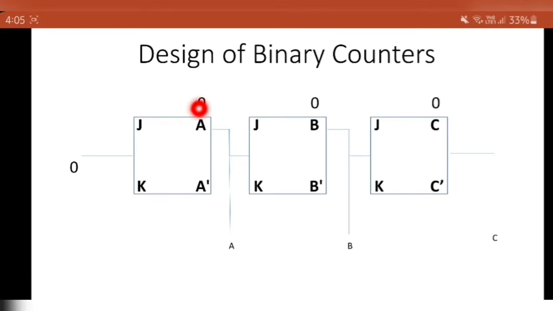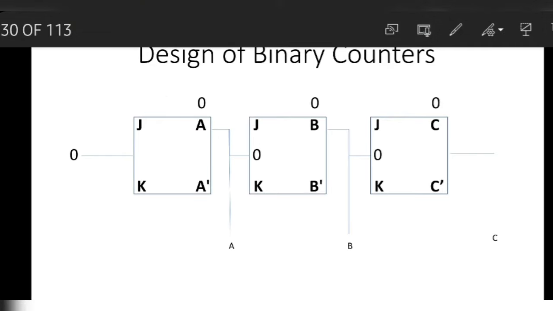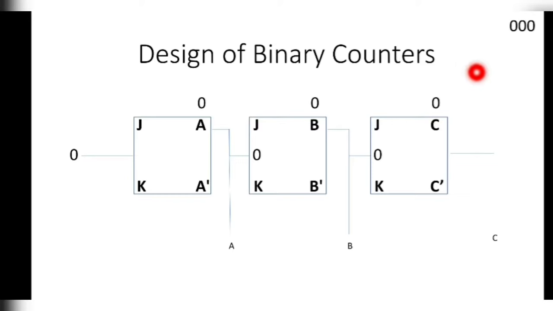Okay, now see, initially it's 0 0 0, read it in this form, so the output will be 0 0 0. All right, see here the output is 0 0 0. Now when this becomes 1, it will become 1 and 0 alternatively. When this becomes 1, changes will happen here and it will invert its value, this will become 1. So it is 0 0 1, and the output will be 0 0 1.